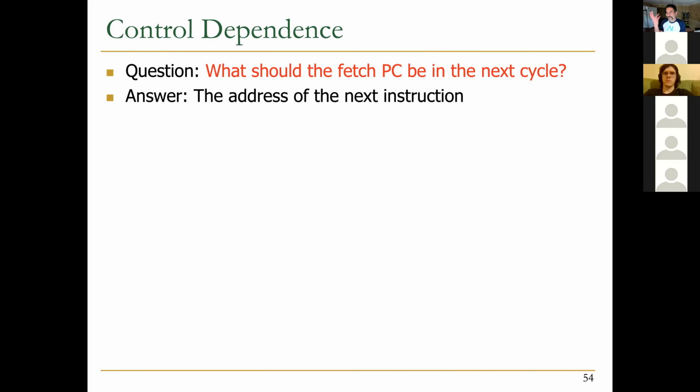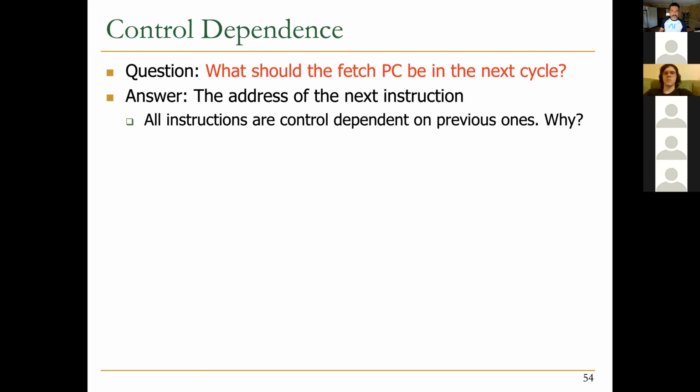PC, if you think about it, is just a register, similar to the registers in the register file. So you can think about this as a special case of data dependency, because there we're talking about the dependency between instructions that deal with registers. PC is also a register, but with some differences, right?